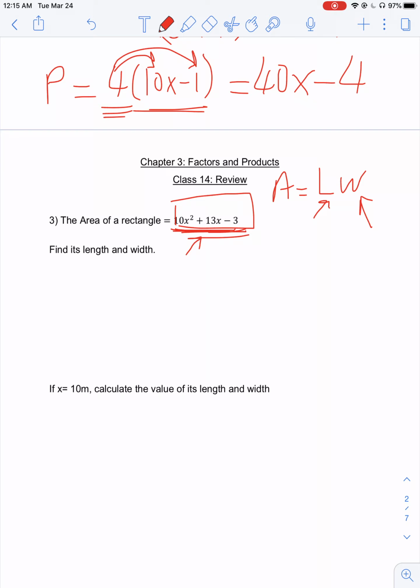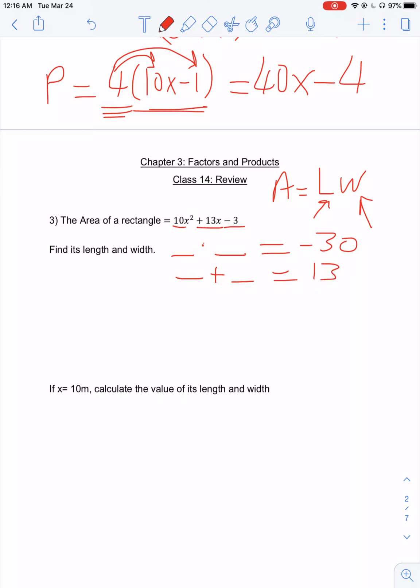So let me just quickly erase this. Okay, so how does product sum work? So just like in the quiz, I'm looking for two numbers that multiply to 10 times minus 3, so minus 30, and that add up to 13, right?